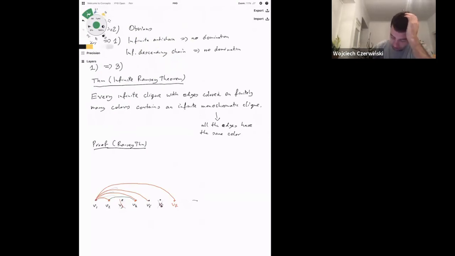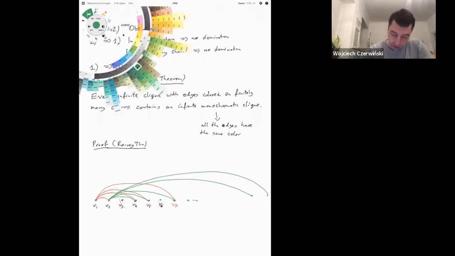So V2 is connected, let's say, with V4 by green, with V5 by green, maybe with V7 as well, but with some other vertices not. We proceed further. Now we ignore vertices which are not green connected to V2, and we look at V4. I will do this one more time.